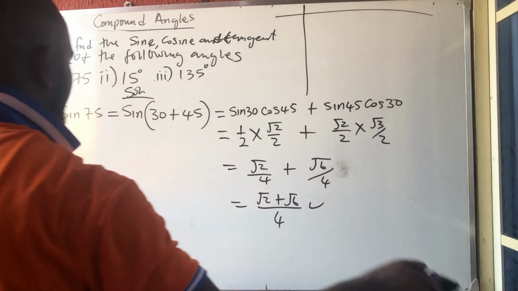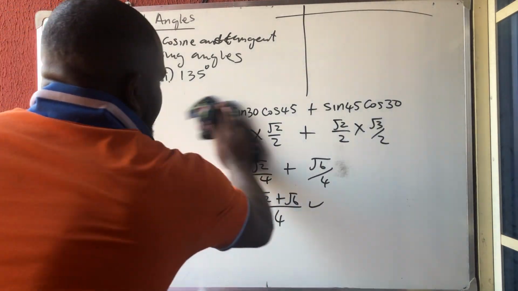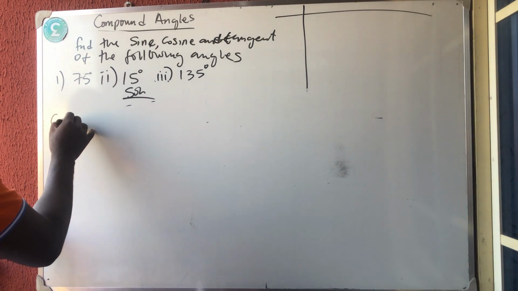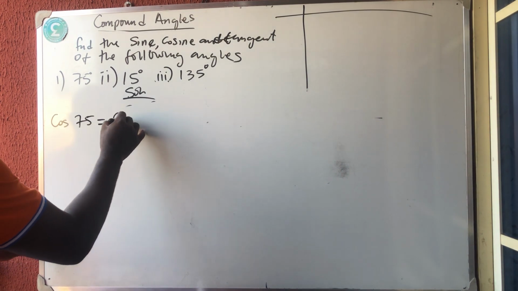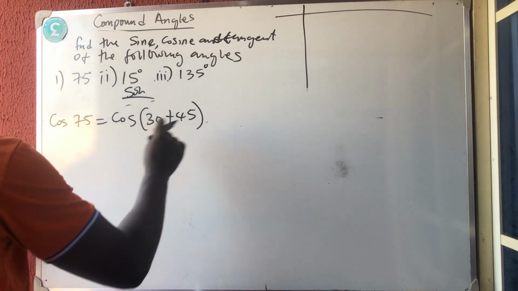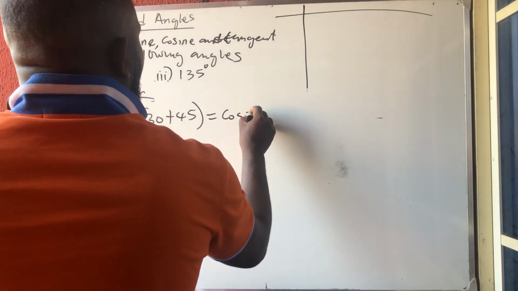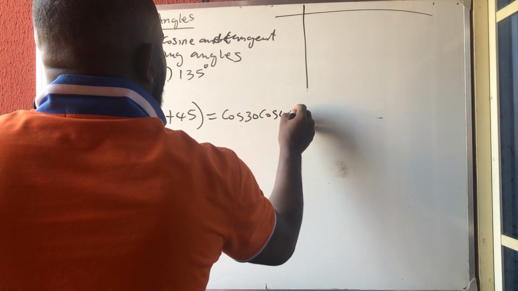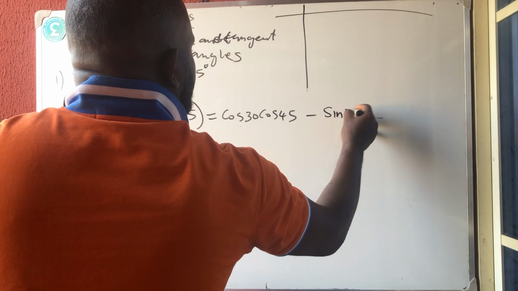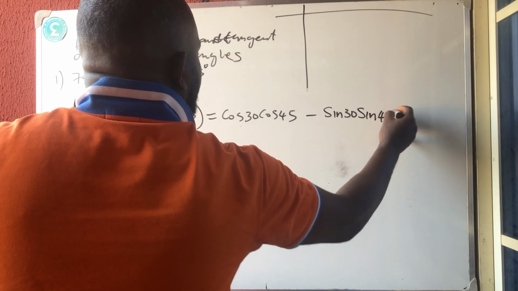So let us go for the cos. Cos 75 is the same as cos of 30 plus 45. So cos 30 cos 45, you know the sign must change, minus sine 30 sine 45. As simple as that.